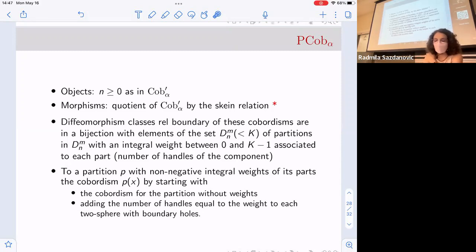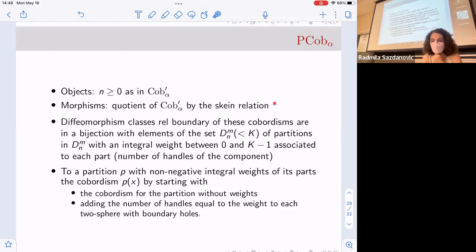So what's the nice description of the diffeomorphism classes of these cobordisms? Well, again, let's look back. We have everything that we had before that describes the partition. So I have the partitions, the elements of the set D sub n,m, but I need to filter it or enhance it, however you want to say, with less than k.